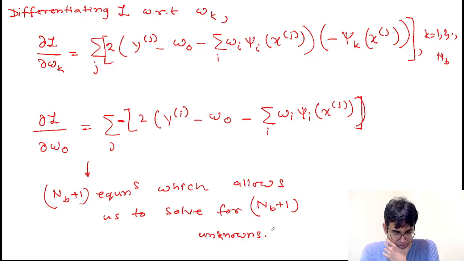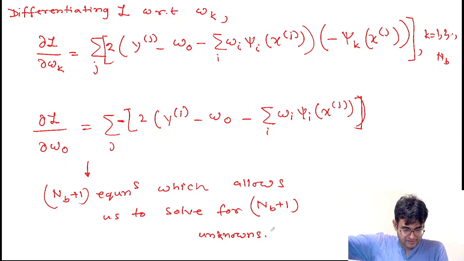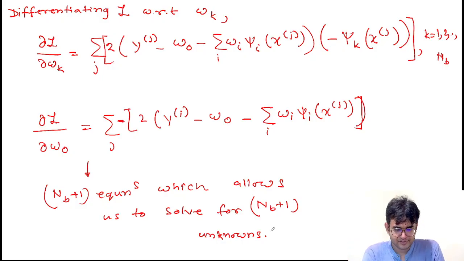If you do some manipulation, you can see that the psi k term you are seeing at the top will be multiplied with y. Y will be multiplied by that psi, and it will also be multiplied by the other psi's.